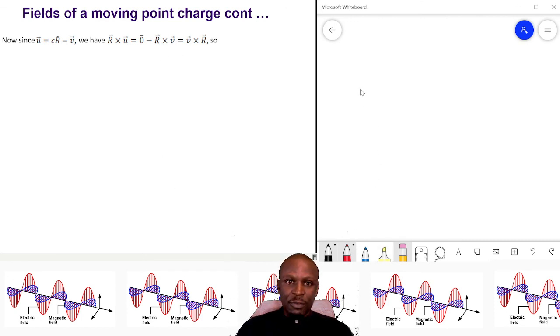I want to show you R cross U: I'm going to have C unit vector R minus V. Therefore I'm going to have R cross the unit vector R. The angle between the vector R and the unit vector R is 0, therefore you are just going to have 0 there.